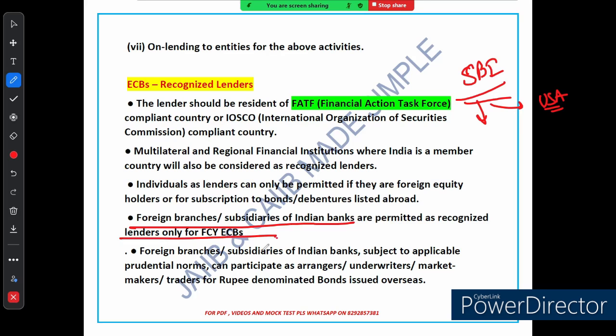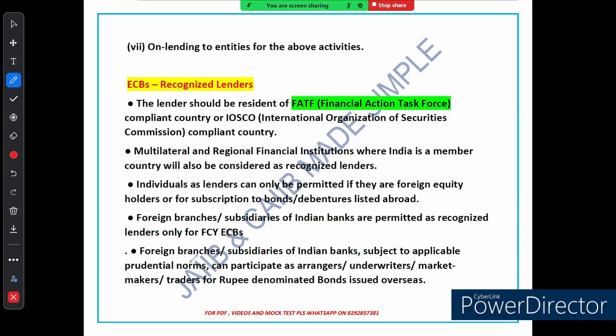So for rupee denominated bond issued overseas, Indian bank branch abroad can participate in other role too, like arranging, like underwriting, like market makers, or trading these bonds.